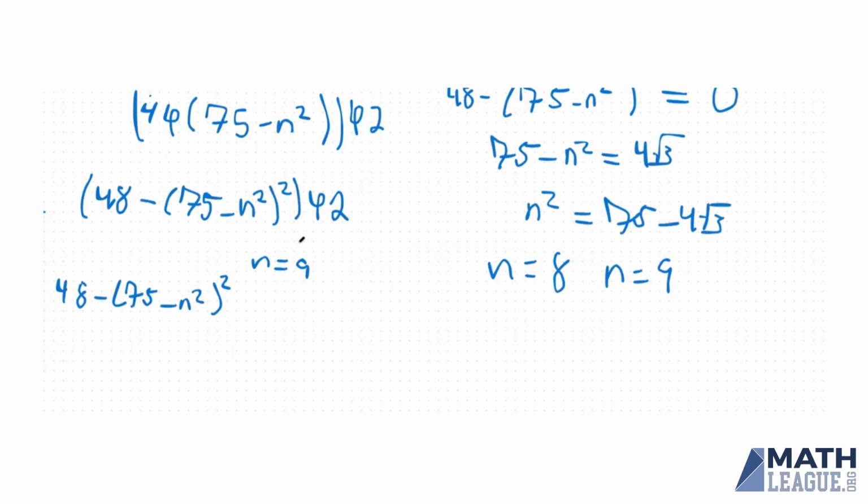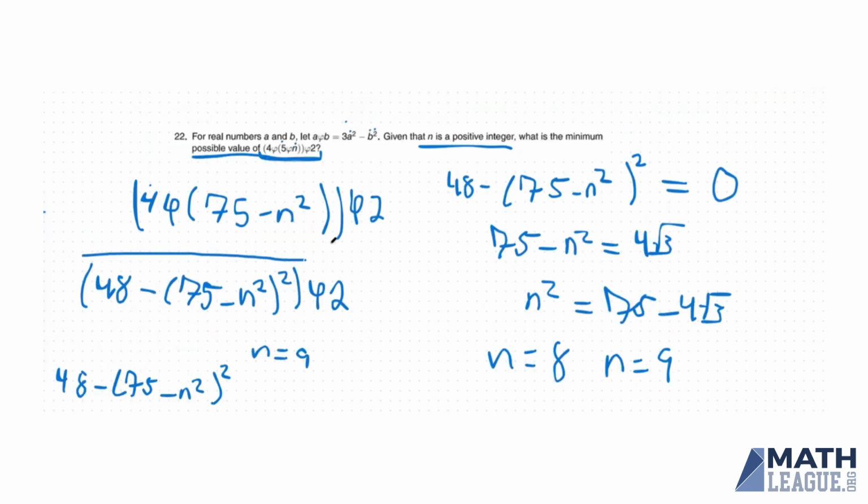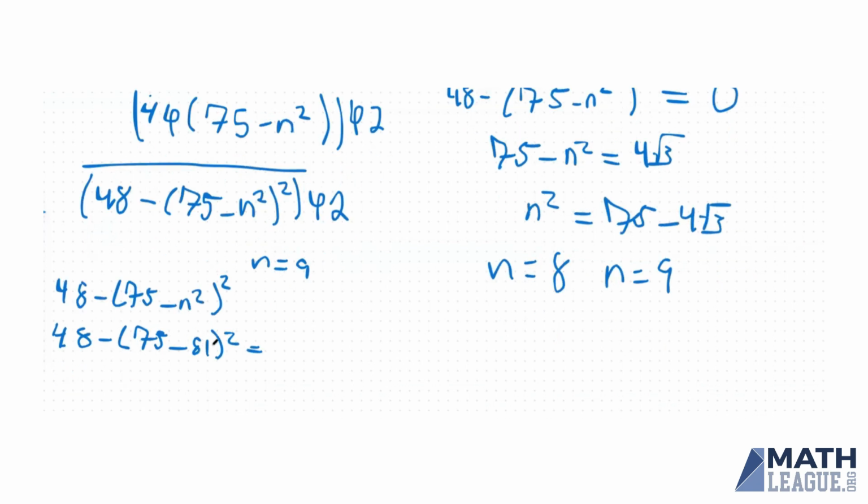All right. So now the last step is to plug in values and finish up the problem. So 48 minus (75 minus 81) squared became 48 minus 36, which is 12.